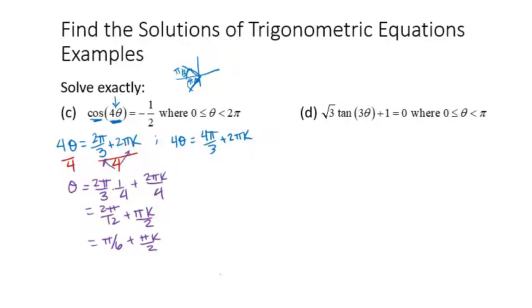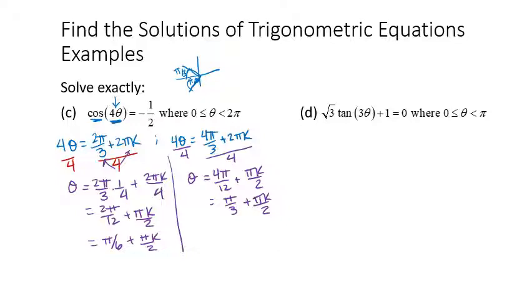Take this, divide everything by 4. So when I do that, we get theta equals 4 pi over 12 plus pi k over 2, so pi over 3 plus pi k over 2. So these would be the general solutions. If you're asked to find the general solutions, that's it.